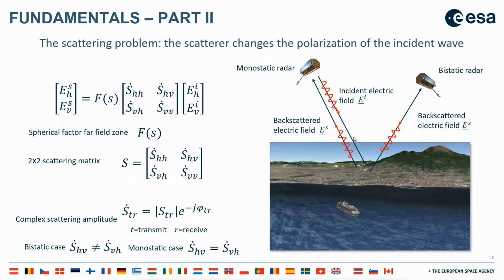And for the bistatic case, you have the so-called copole scattering amplitudes. They are called copole because they are sending and receiving with the same polarization. And there are the so-called cross-pole channels, which means that you send in one polarization and you receive with the opposite.